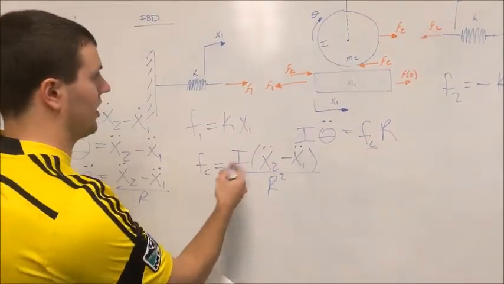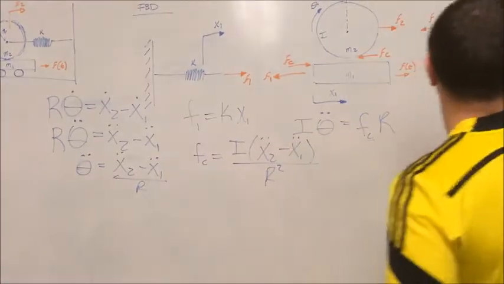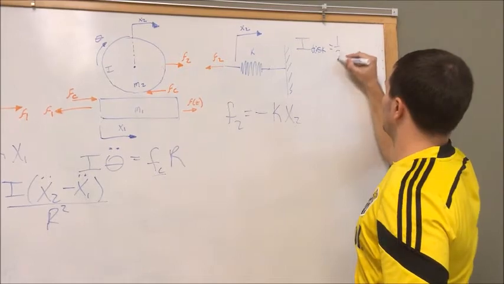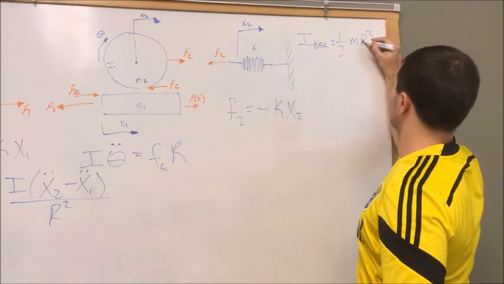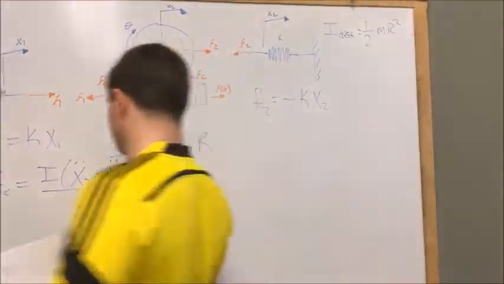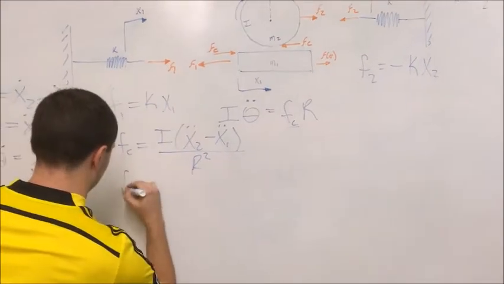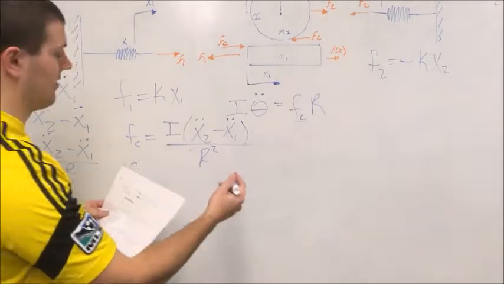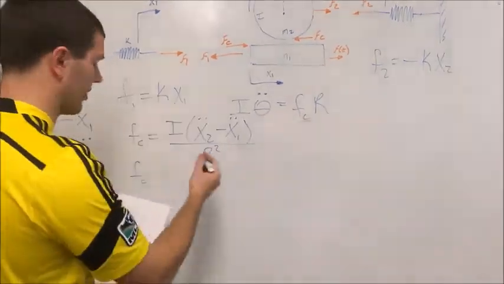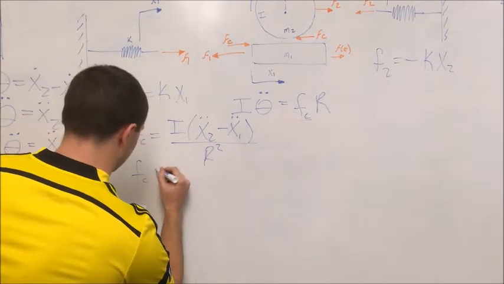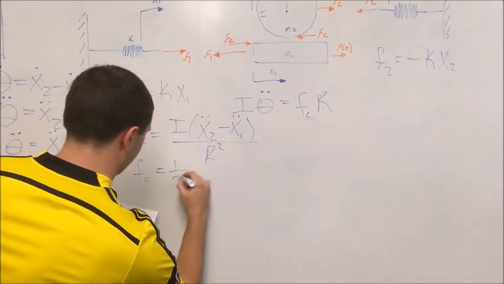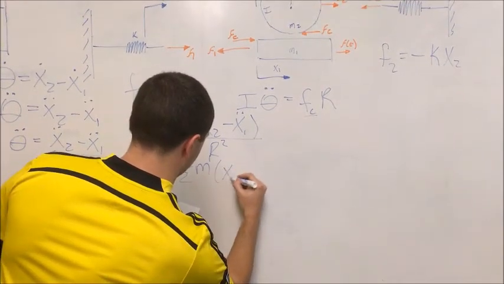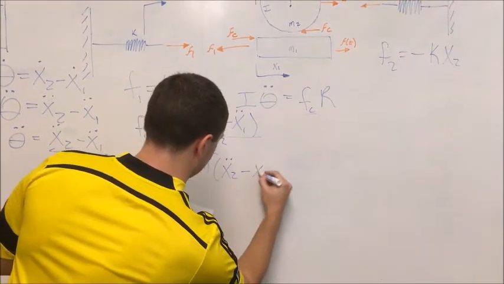And then substituting in the I for the disk, equals 1/2 m r squared. We'll plug that in right here. FC equals, well, you plug it in, and then there's a bit of cancellation. But what you're going to find is that FC equals 1/2 m times x2 double dot minus x1 double dot.